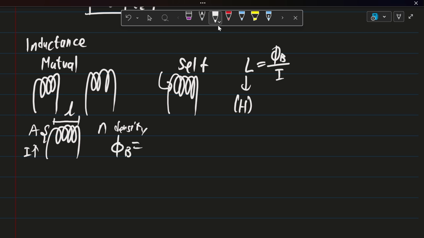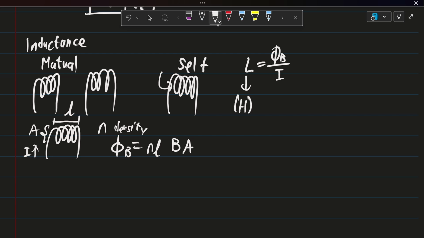We know that the magnetic flux for a single loop would be BA. But then there is N times L, which is the number of loops that exist within this one solenoid. So this is our magnetic flux.